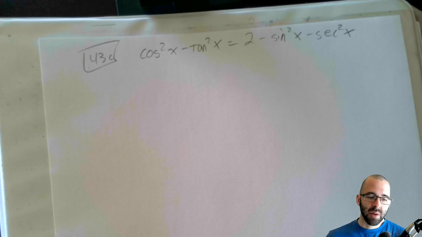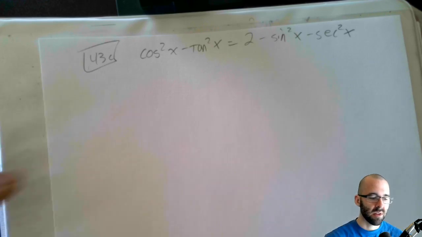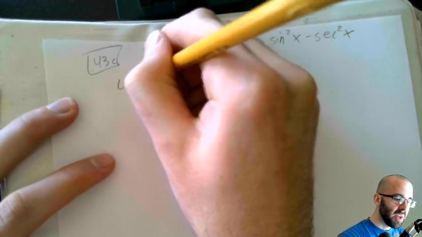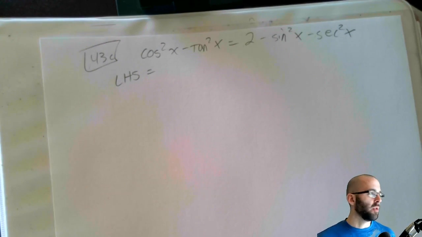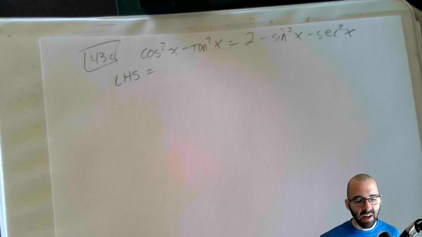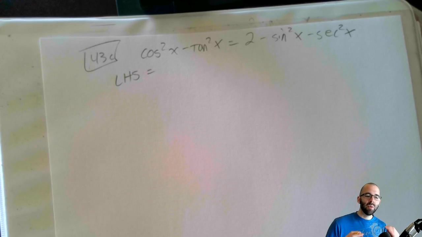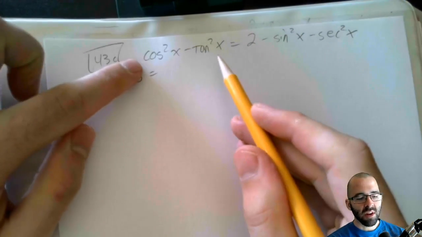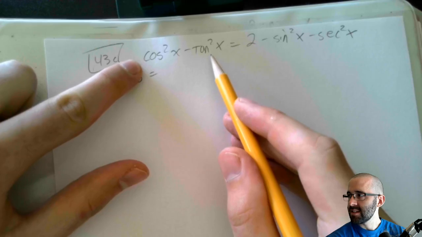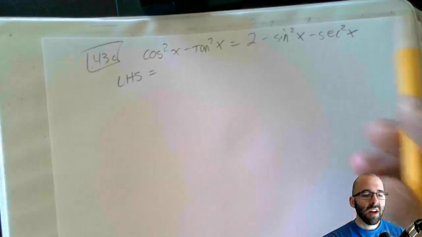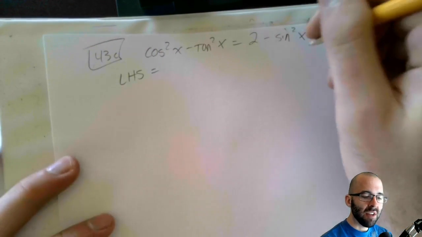I would personally start with the left-hand side, just because I don't know what I'm going to do with that 2. There's no identity that says 2 is equal to this. Now let's look at where we want to go, because sometimes you start by simplifying. But this can't be simplified. This is simplified right here. So try to simplify if you can.